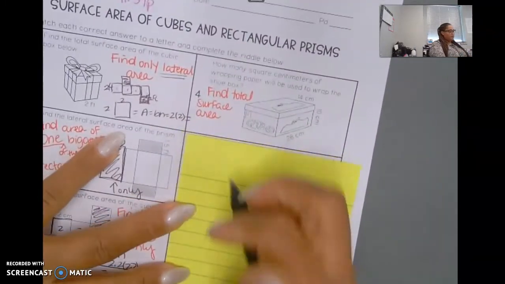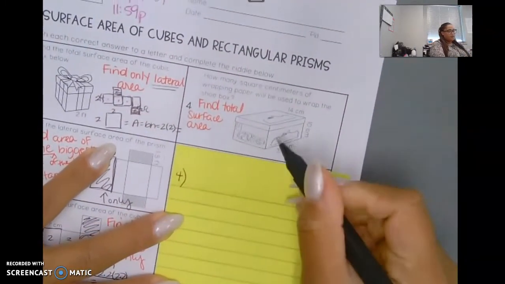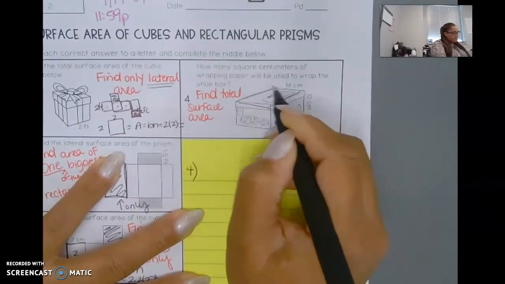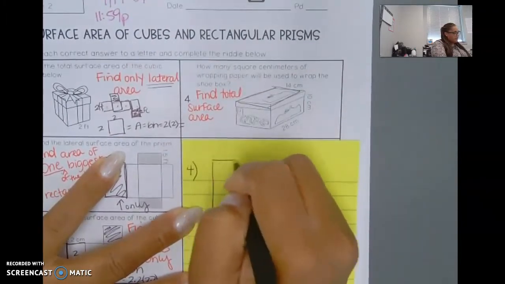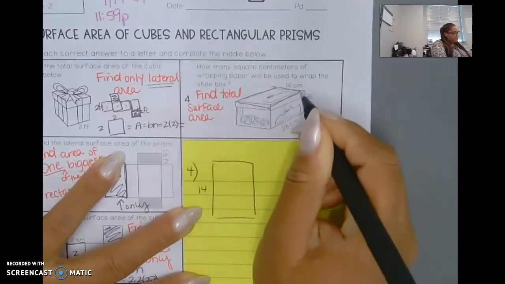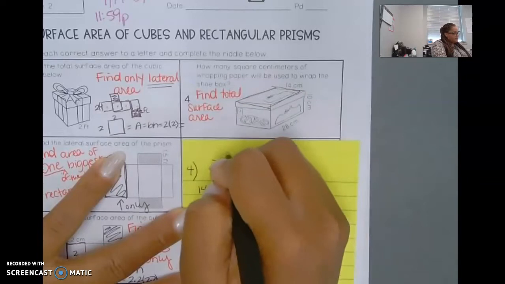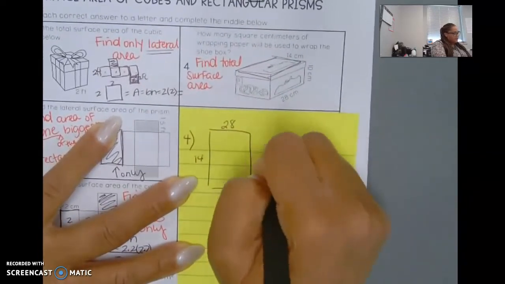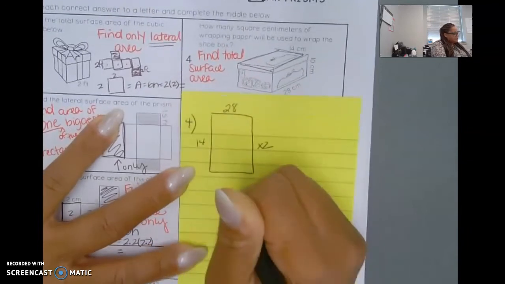Okay, so number 4. I'm going to start with the top rectangle, which is this one by this one by this one by this one. So that is 14 by 28. Now, this is not drawn to scale. And then I have 2 of those, so times 2.